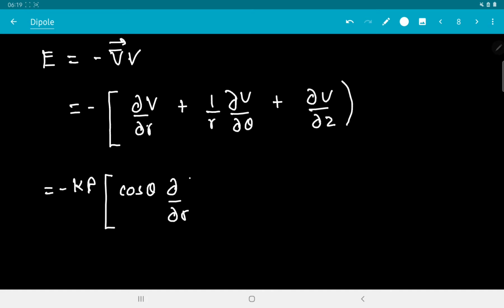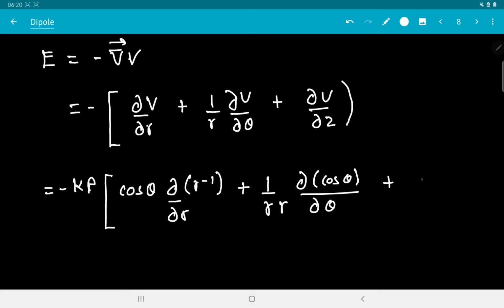We have 1 by r squared, so let us write r raised to minus 2 here. Plus 1 by r. Here we can take r constant and we'll be differentiating cos theta. The last term, everything will be constant and we will get 0.